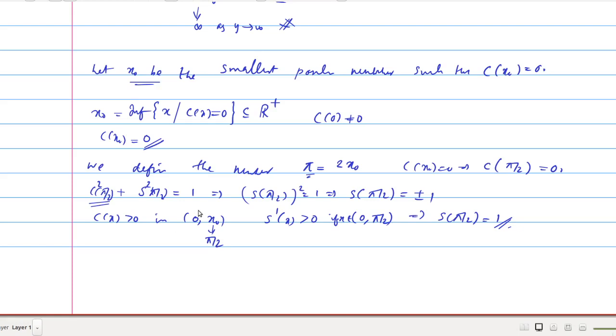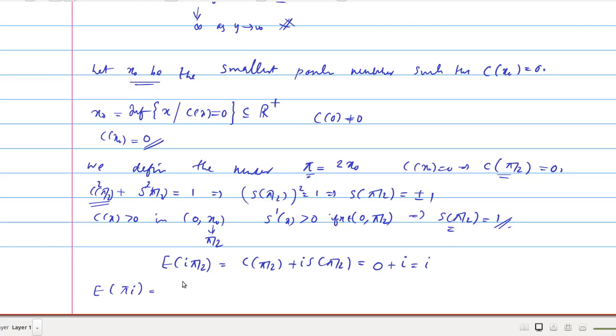So using these two values, c of pi by 2 and s of pi by 2, you can write e of i pi by 2 as c of pi by 2 plus i times s of pi by 2. So c of pi by 2 is 0 plus i times s of pi by 2 is 1, so this number is i itself. Now you can use the property of the function capital E. What is e of i pi?